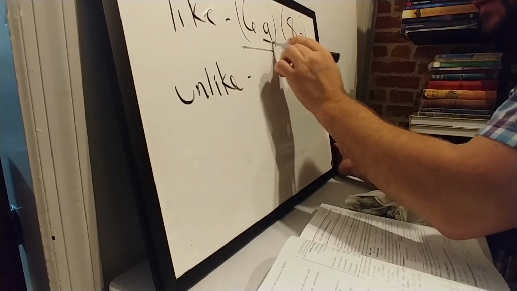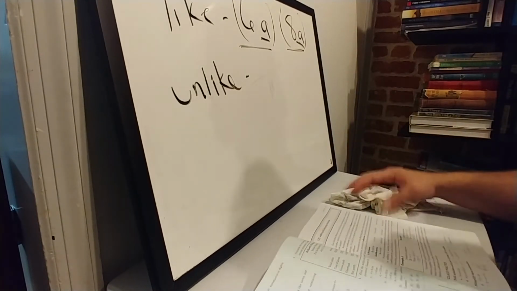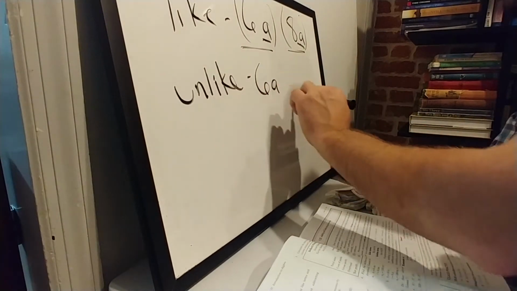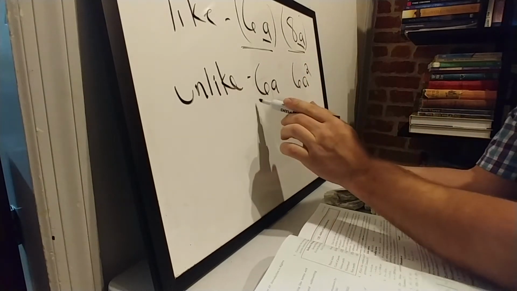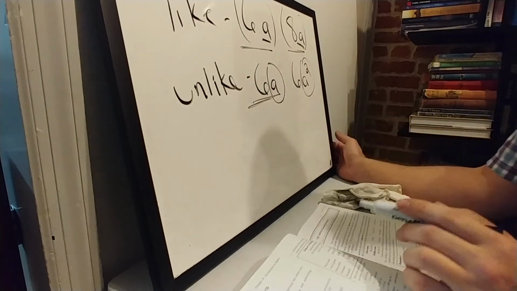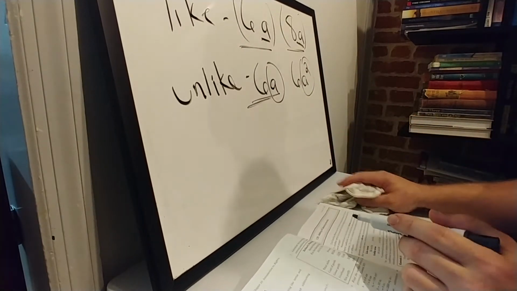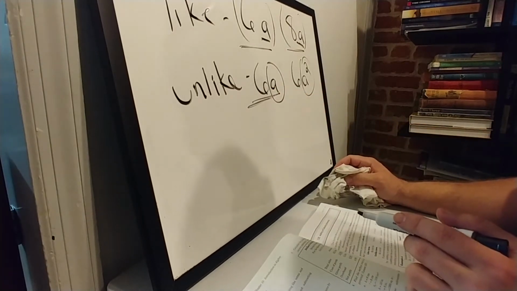They both have the same literals. 6A and 6A squared are unlike, okay? Because the literal is different. A and A squared are two different things.